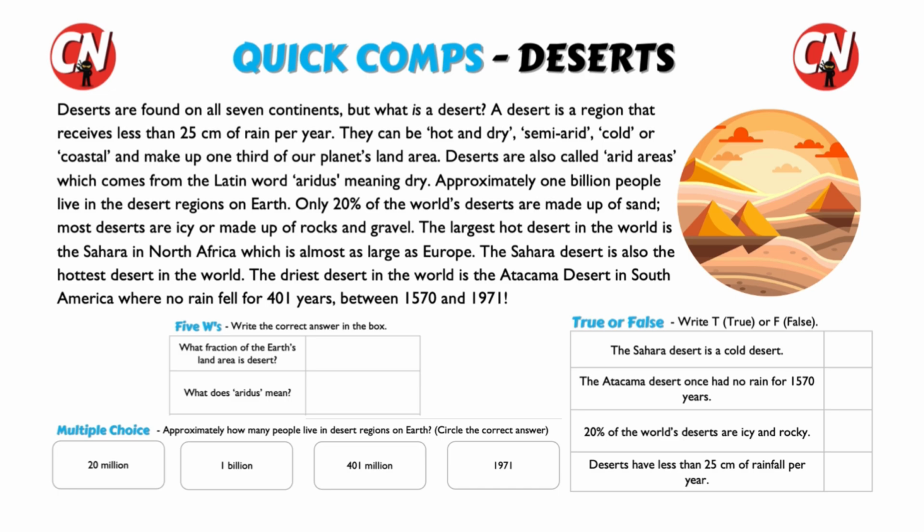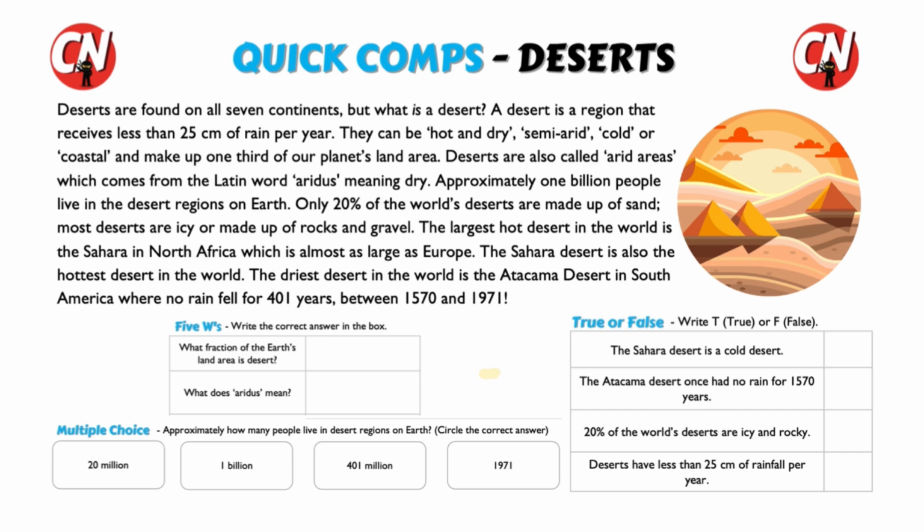Okay, so the key thing now is, here we go, we have a text. And what we're going to do is we're going to read this text as you would in the SAT. So we're going to imagine that this is the first time, well, it is the first time we've seen this text. And what I'm going to do is, as I read the text, I'm going to highlight the key information. So remember, the key information, the nouns, numbers, the unknown vocabulary. And we can see that this is a non-fiction text.